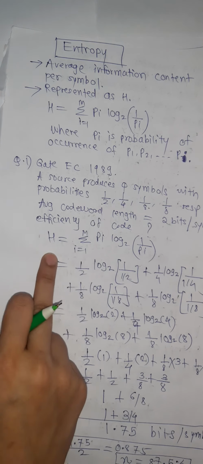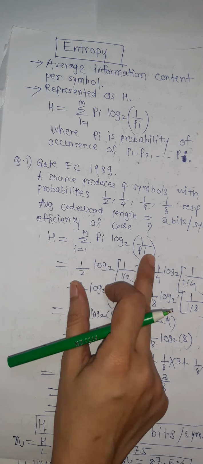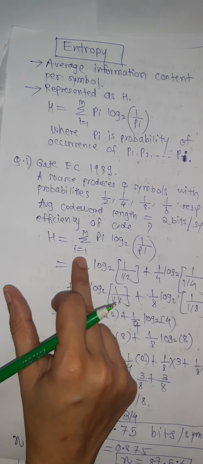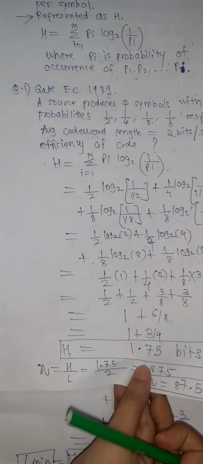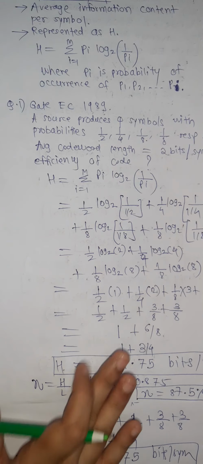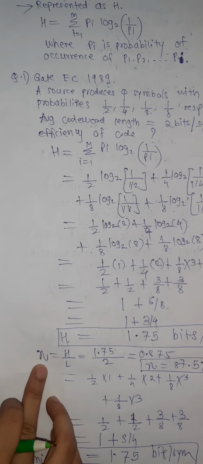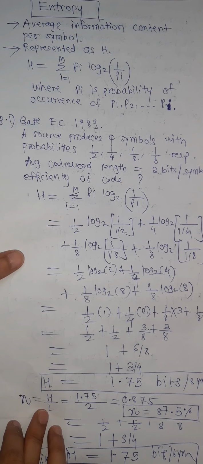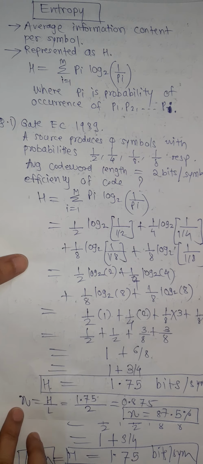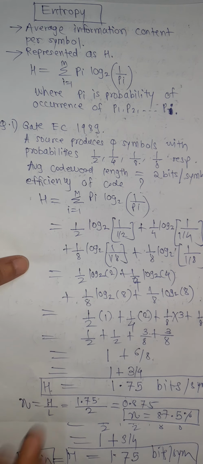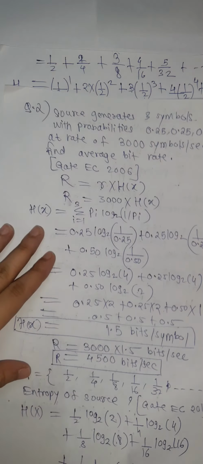One question was based on this direct entropy formula. If the length is also given, efficiency has the formula eta is equal to H by L, entropy divided by length. For error-free transmission, the efficiency is 100%. So entropy is equal to the length of the code word.